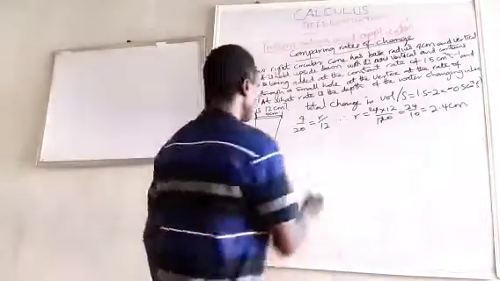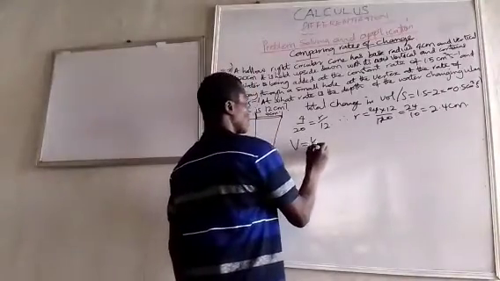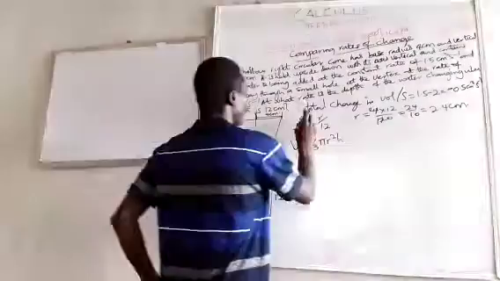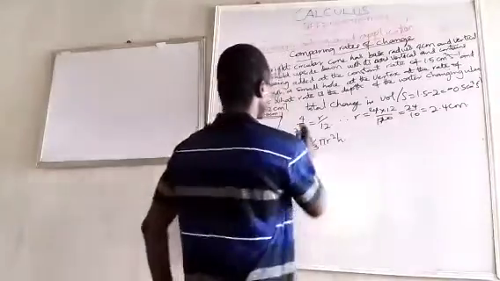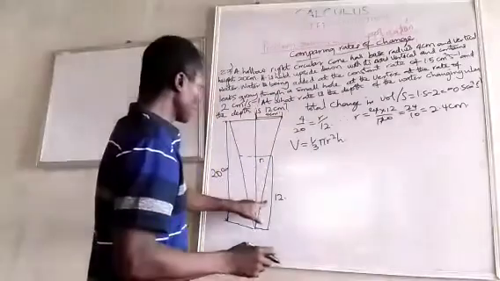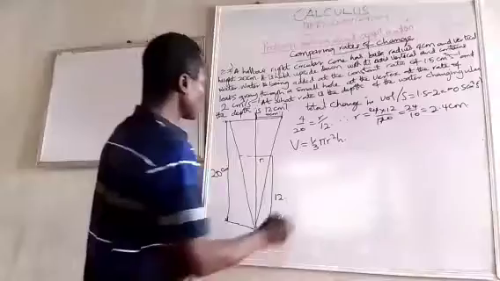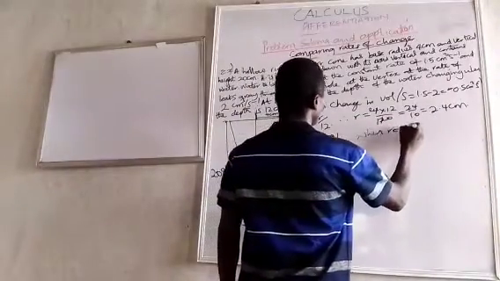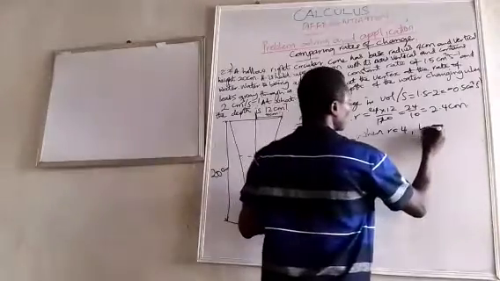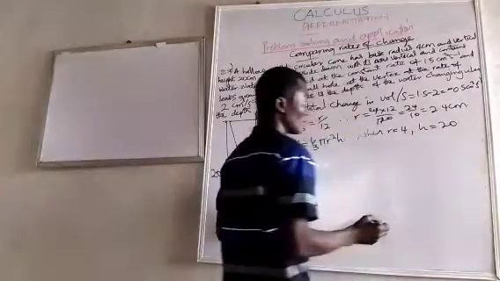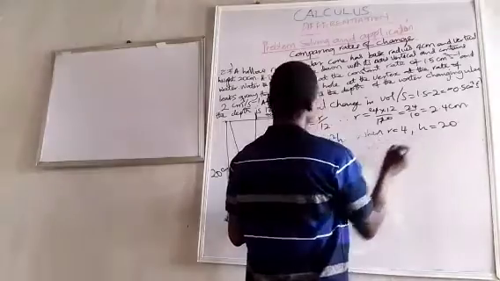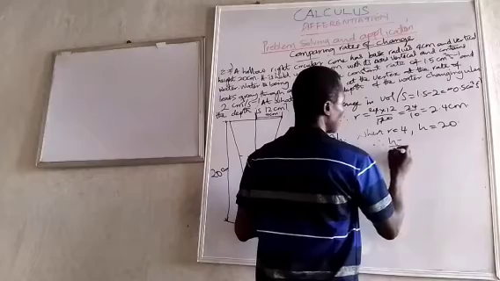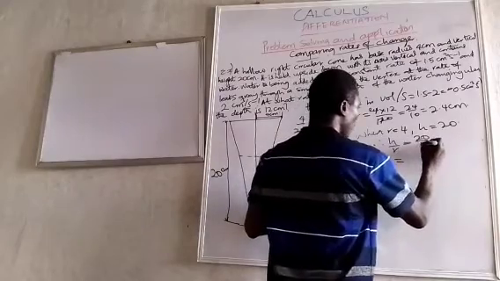Now, we know that volume v is 1 over 3 pi r squared h. Let's look at something here now. What is the relationship between h and r? h over r is 20 over 4.